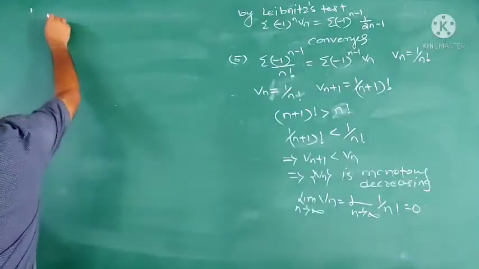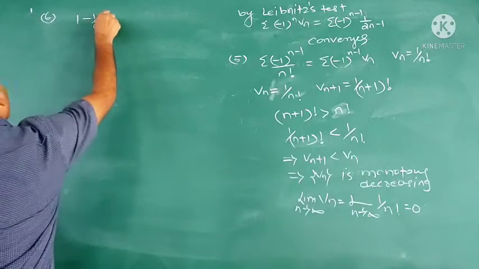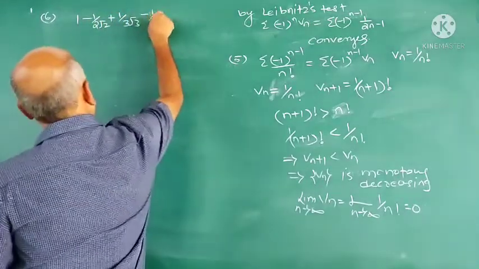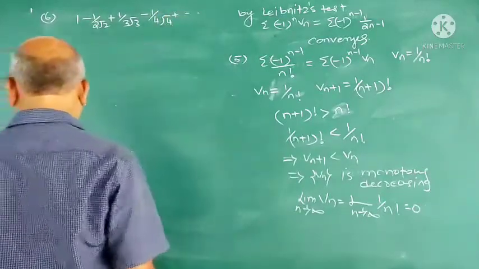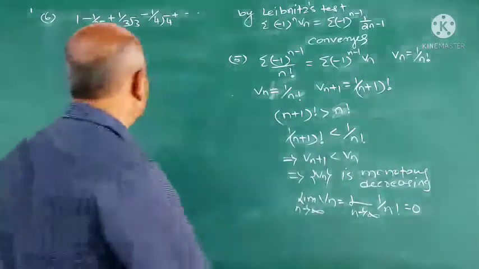Next one, test the convergence of the series 1 minus 1 upon 2 root 2 plus 1 upon 3 root 3 minus 1 upon 4 root 4 plus so on. So first you have to write the series in this form.